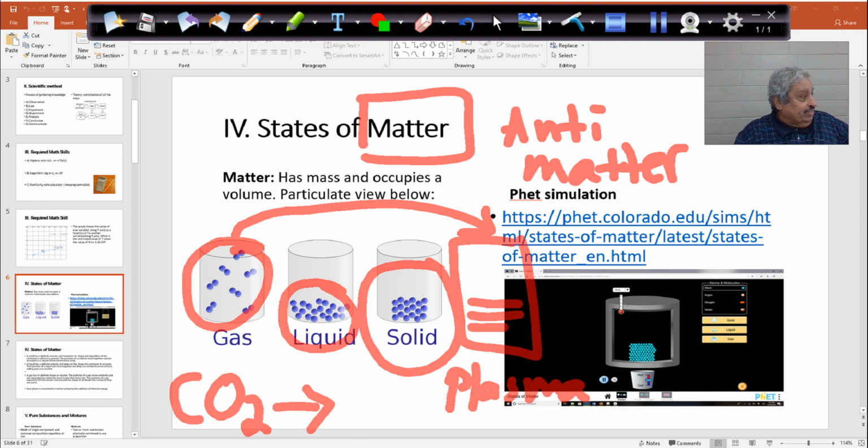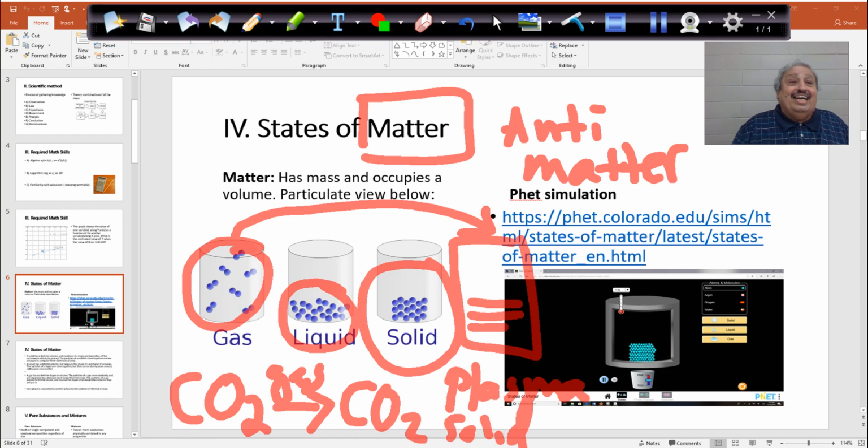So if you compress them, they don't go liquid. If I have a gas here and I compress it, put a lot of pressure on it, I make out of it dry ice, solid. How about taking the dry ice and compressing it further? I make what? The white powder in the fire extinguisher.